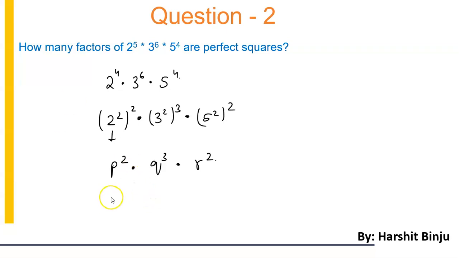So the number of factors will become 2 plus 1 into 3 plus 1 into 2 plus 1. So that's 3 into 4 into 3. 3 into 4 is 12, 12 into 3 is 36. There will be 36 factors which are perfect squares of this number, 2 to the power 5 into 3 to the power 6 into 5 to the power 4.